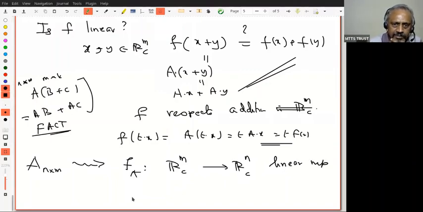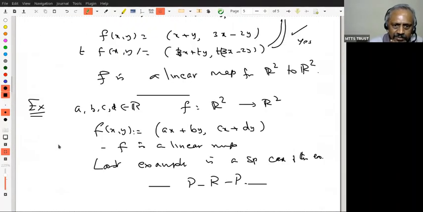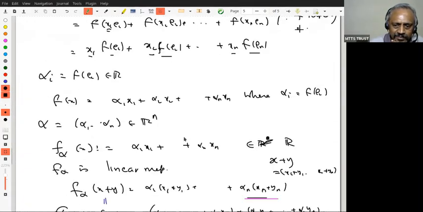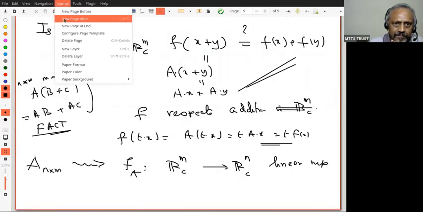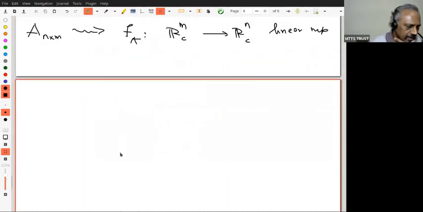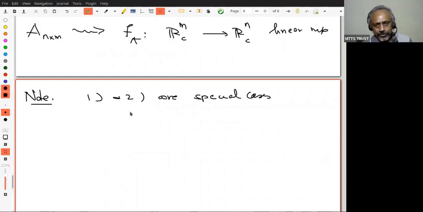Notice that the very first example and its generalization, the second example, these are actually special cases of this. 1 and 2 are special cases of this. Notice that 1 is already a special case of 2, therefore it's enough if we show 2 is a special case of this.